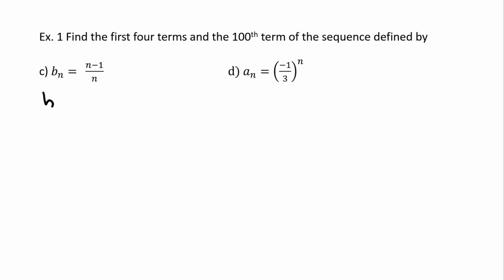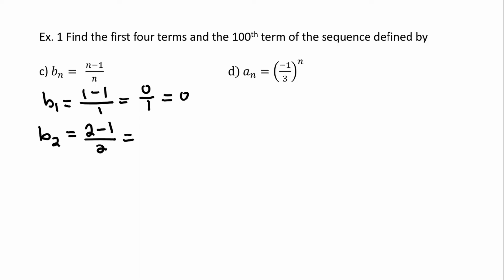Let's find the first term. B sub 1, so we'll have 1 minus 1 over 1. 1 minus 1 is 0 over 1, which is just 0. B subscript 2 would be 2 minus 1 over 2. And 2 minus 1 is just 1, so 1/2. B subscript 3 is 3 minus 1 over 3. 3 minus 1 is 2, divided by 3.